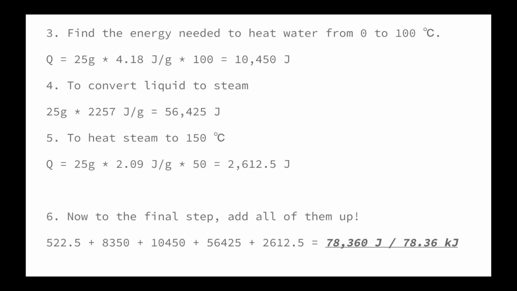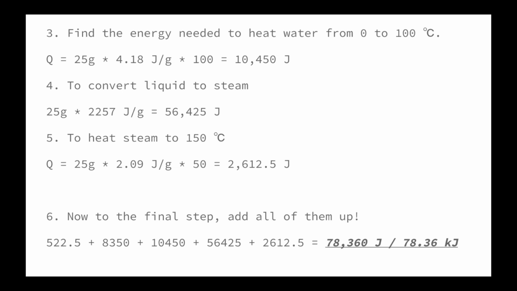Next, step 5, to heat steam to 150 degrees Celsius. Q is equal to the mass, 25 grams, times 2.09 joules over grams Celsius, which is the specific heat of steam, times 50, the change in temperature. This equals 2,612.5 joules.